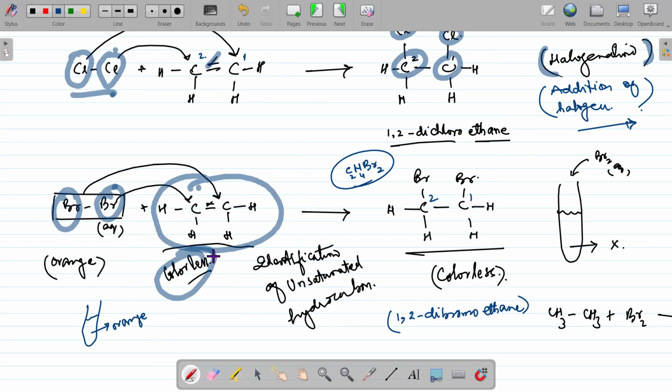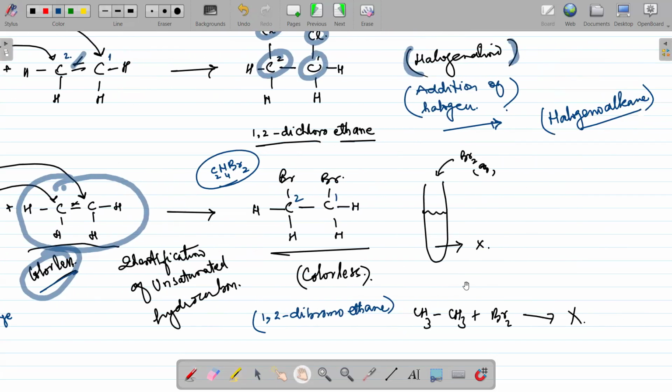When it reacts with an unsaturated compound like ethene, which is colorless, on reaction the color of this bromine disappears.